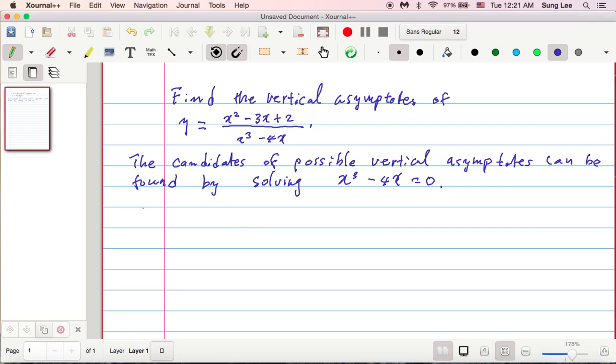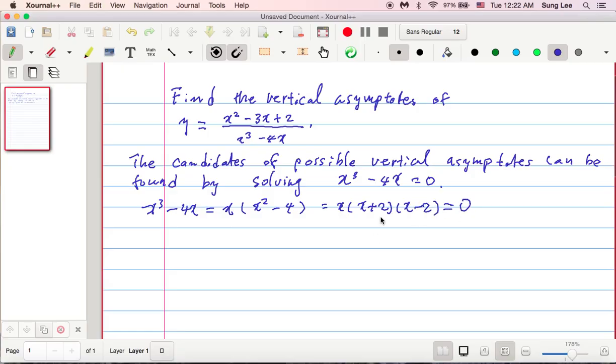Right here, x cubed minus 4x is factored. First, x is a common factor, so if you factor x out, we get x squared minus 4 remaining, and x squared minus 4 is factored to x plus 2 times x minus 2.